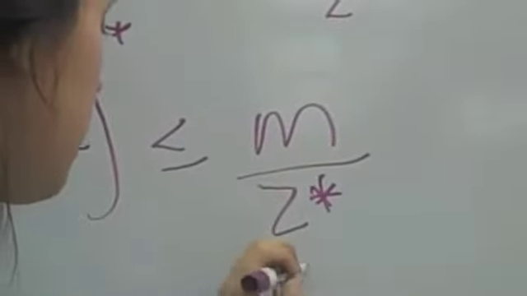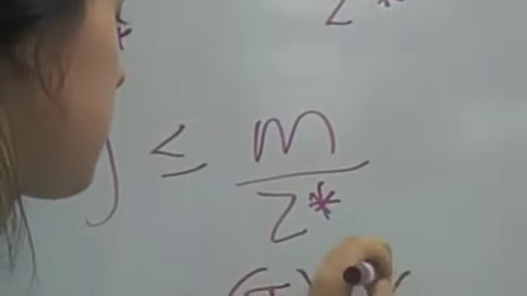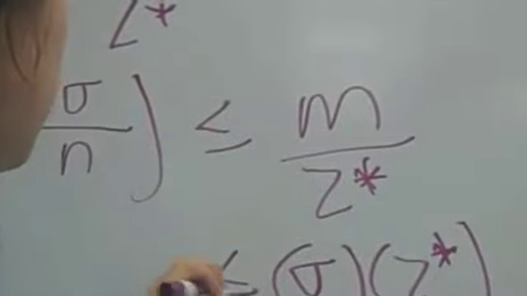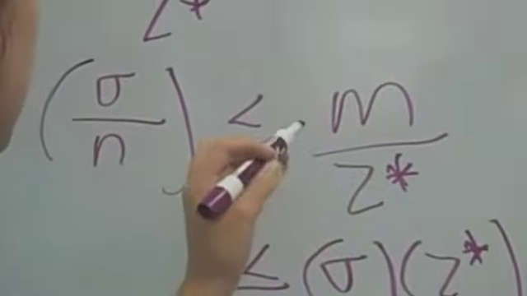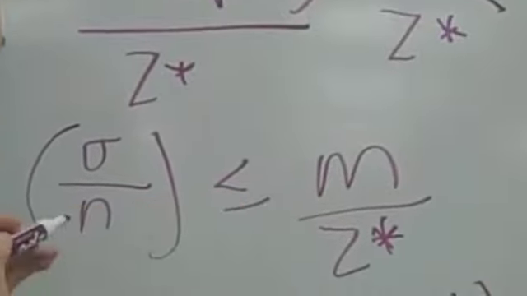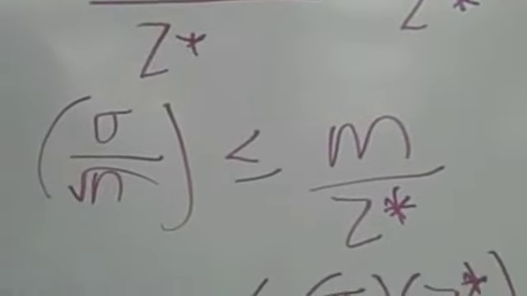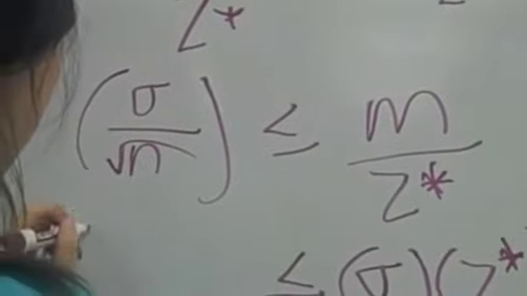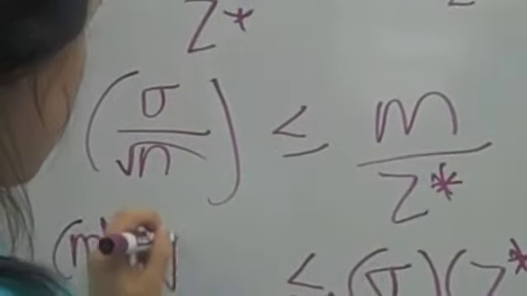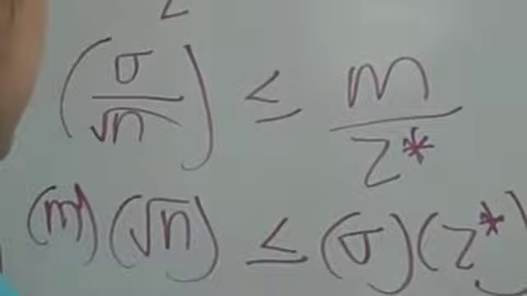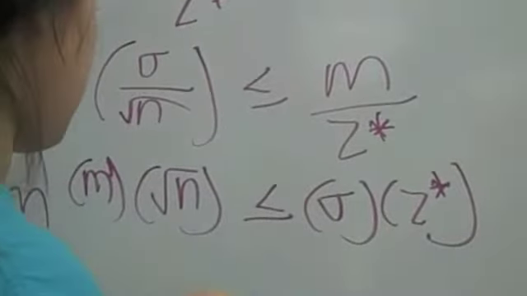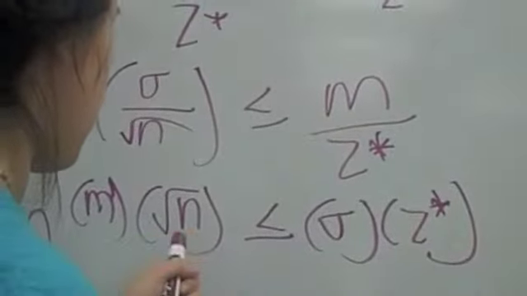So that'll be sigma times z star is less than or equal to our desired margin of error times the square root of n. So we'll have m times the square root of n. Okay, and now we will divide by m because that's what we need to get n by itself.